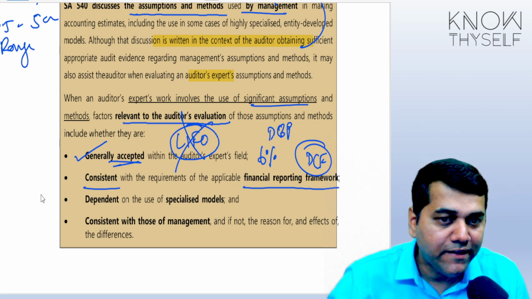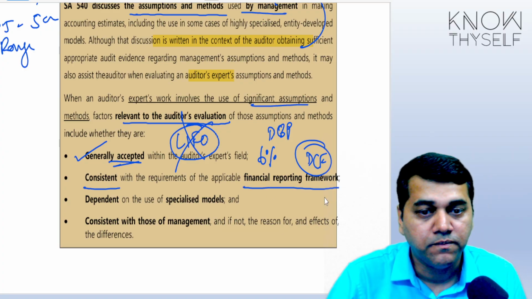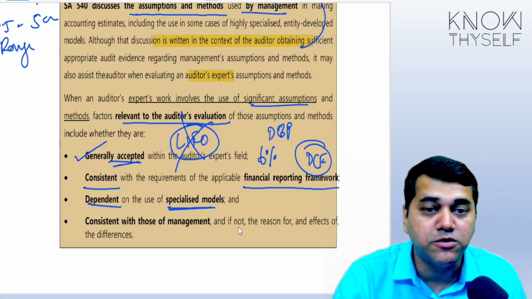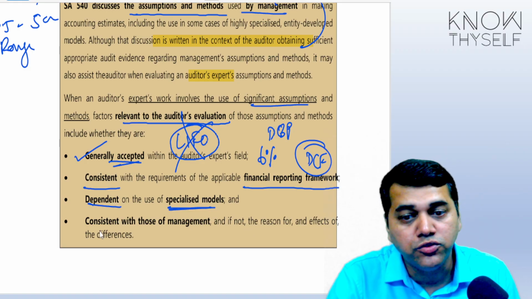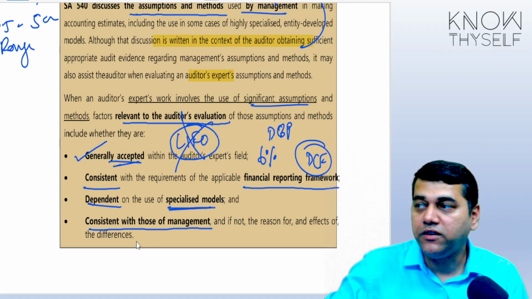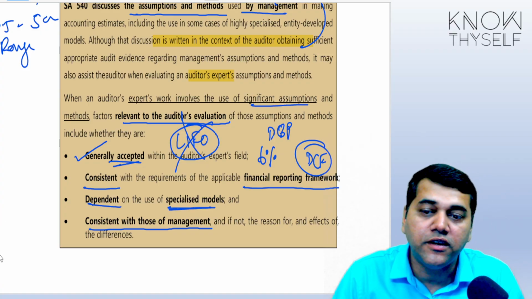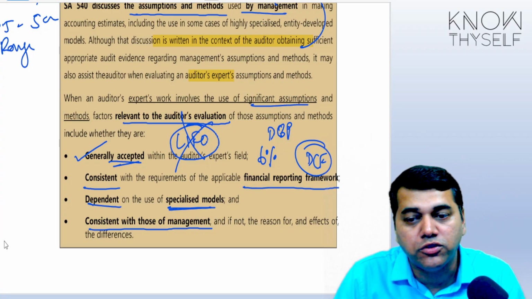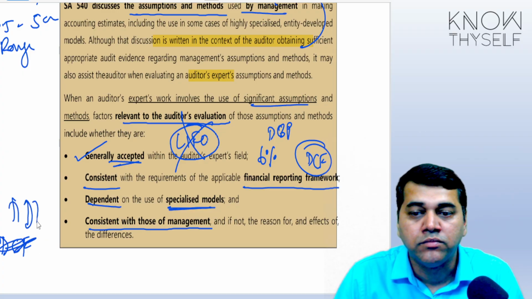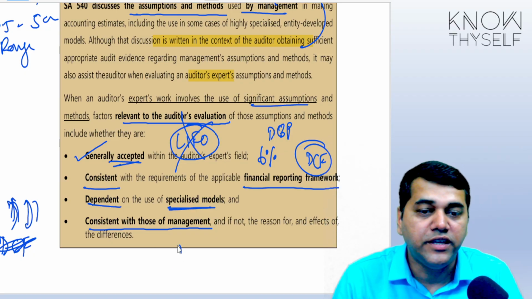So, if he has done a valuation, has he followed the method which our financial reporting framework says? Dependent on the use of specialized models: are there any specialized models which have to be used, and are they consistent with those of the management? Because one valuation would have been done by the management also. Management has done the evaluation of the share price based on, say, a discounted cash flow or a dividend discount model, and here they have come with a model called the CAPM model.